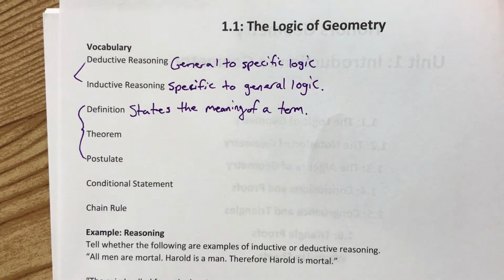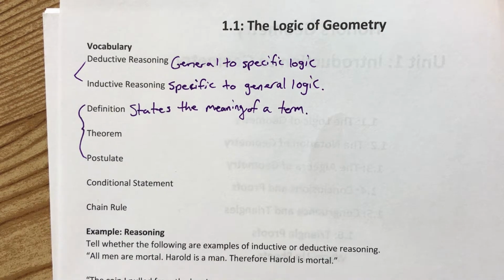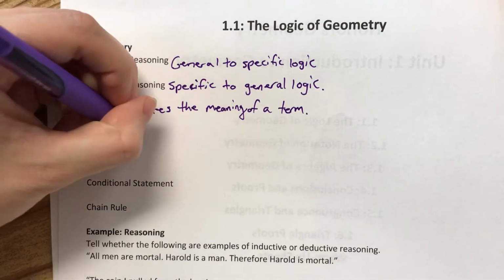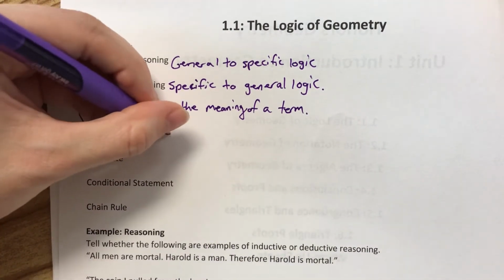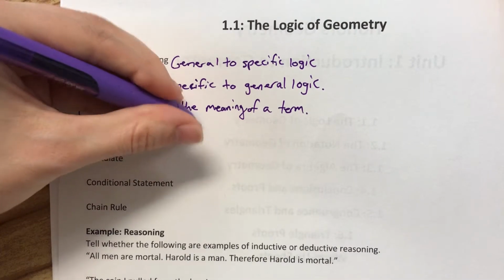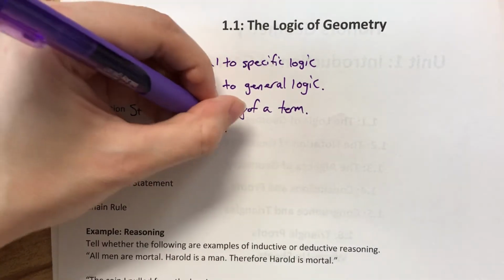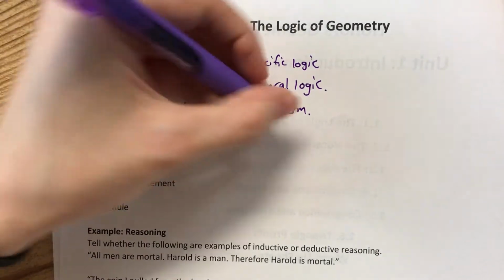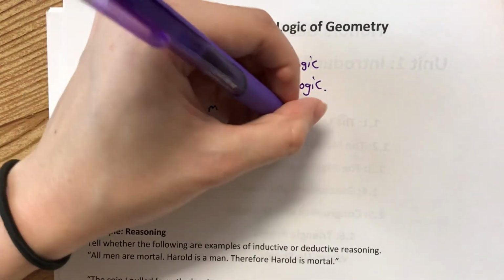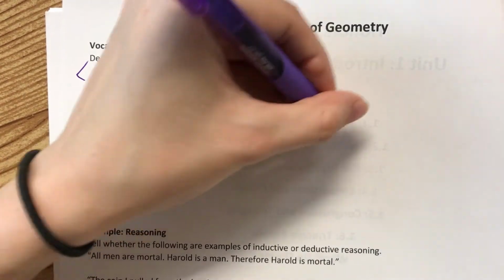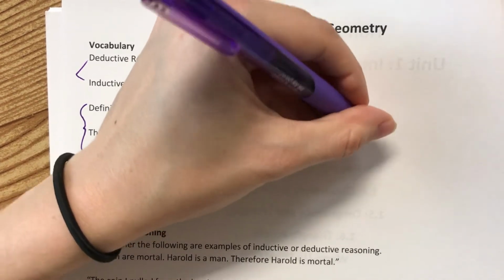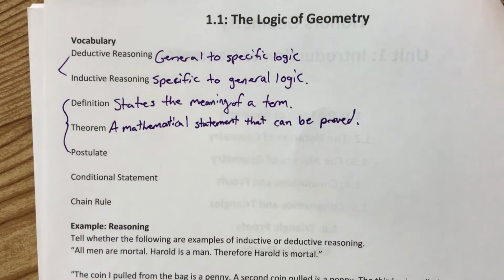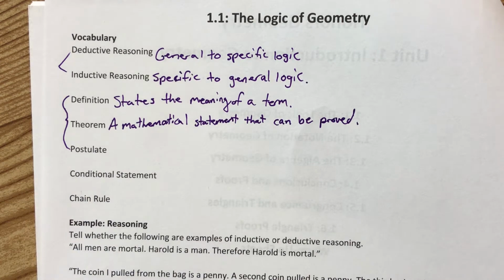A theorem is more mathematical. A theorem is a mathematical statement that can be proved. And being able to be proved is a big thing in geometry. In contrast to a theorem, a postulate is the opposite.